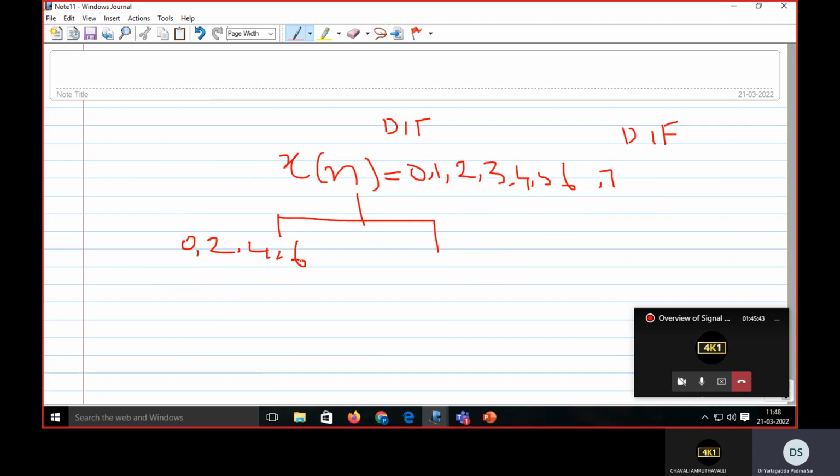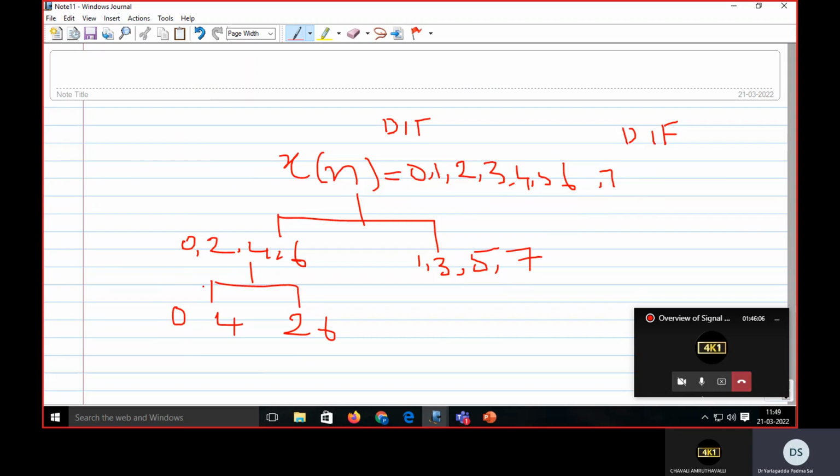In the DIT algorithm, we are splitting the summation into two groups. We have to pick up all even samples on one side and all odd samples on the other side. This derivation is nicely explained in Oppenheim's small book.